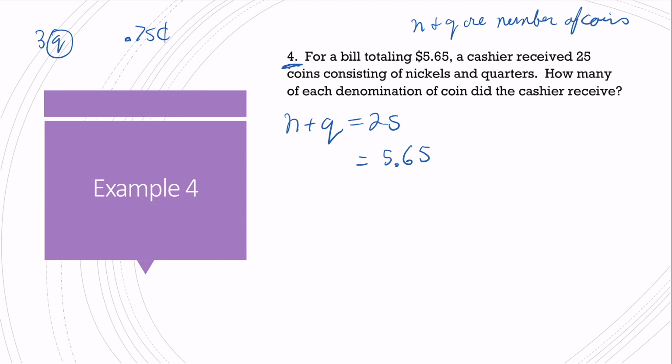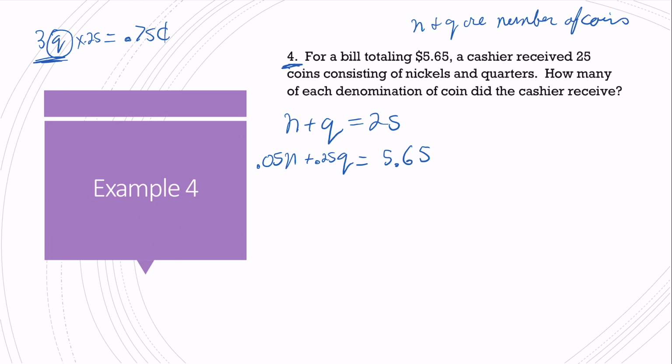Those coins' value is $5.65. Well, how do I figure out the value? Well, I would take the number of coins I have times their worth to get their total value. So I'm going to have 0.05, so is a nickel's worth 5 cents, plus 0.25 times Q, because a nickel's worth 25 cents. Sorry, a quarter is worth 25 cents. Now I have 2 equations and 2 variables.